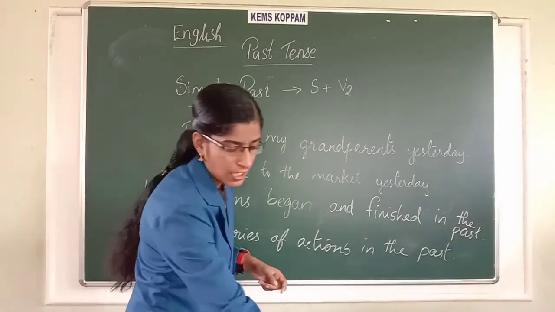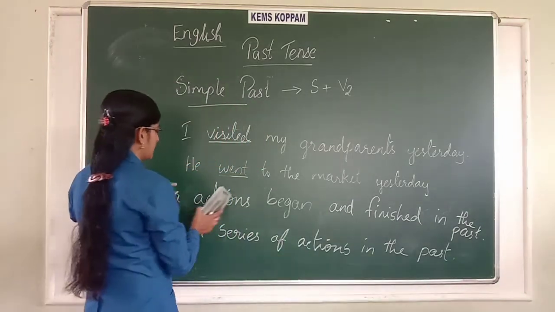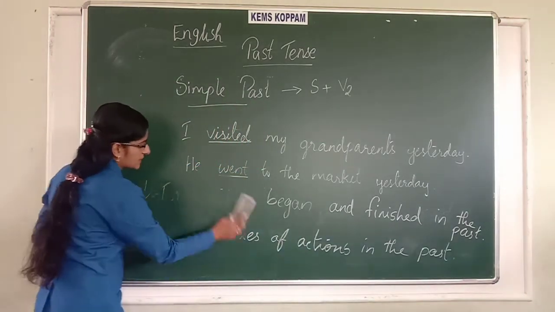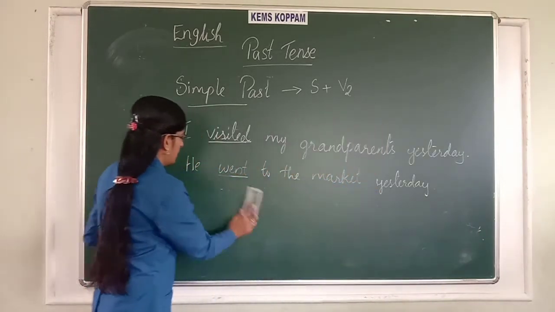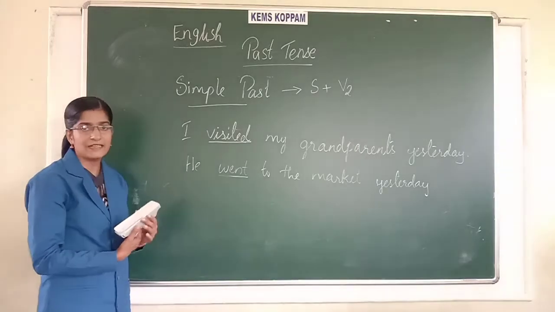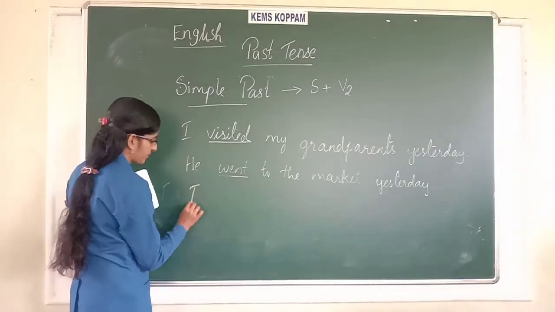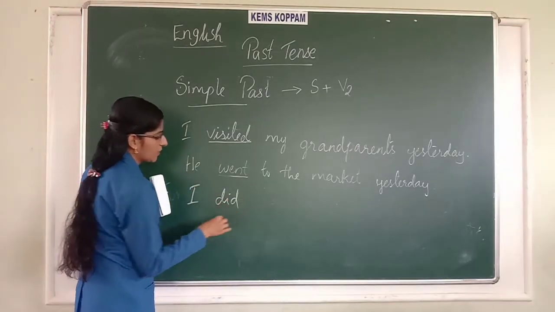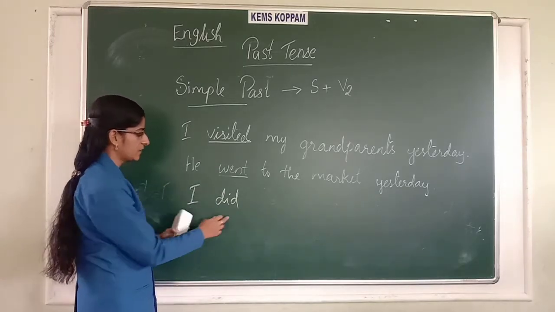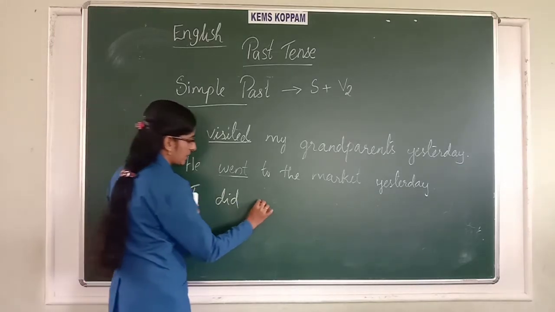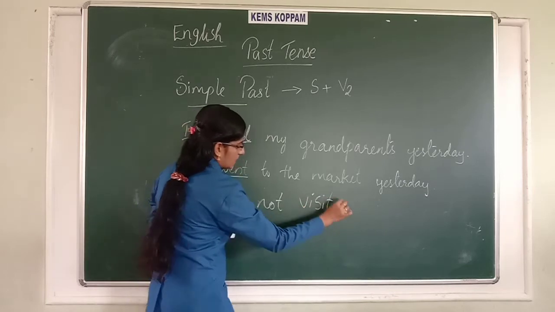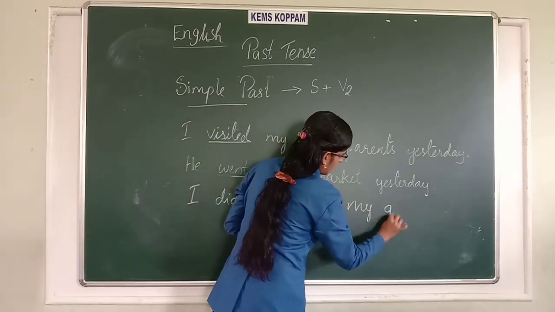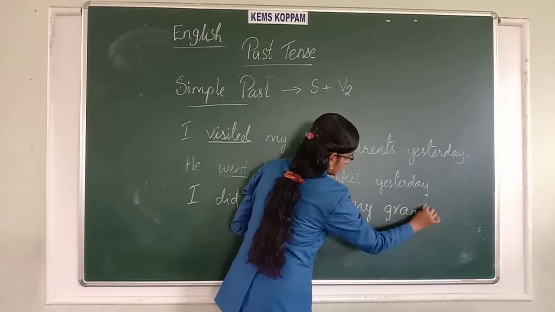Now, in order to form a negative sentence, these are positive sentences. So in order to make it negative, how can we write it? Here you have to use the auxiliary verb did. I did not visit my grandparents yesterday.